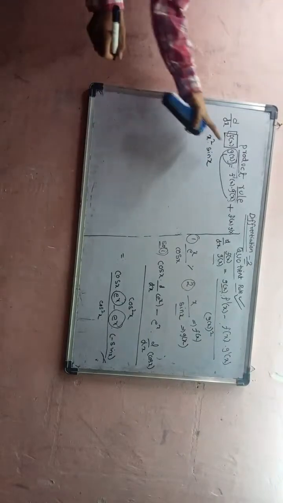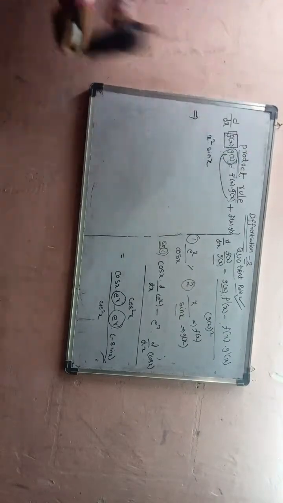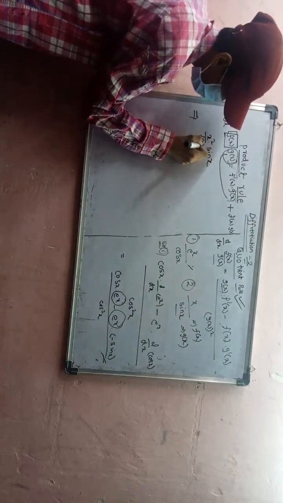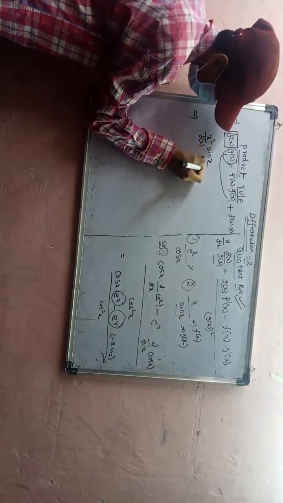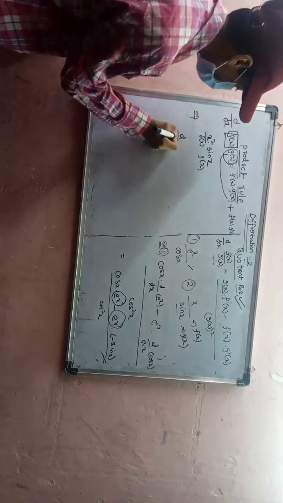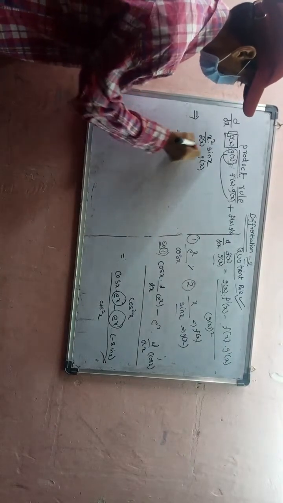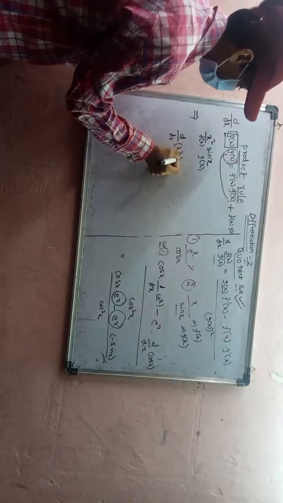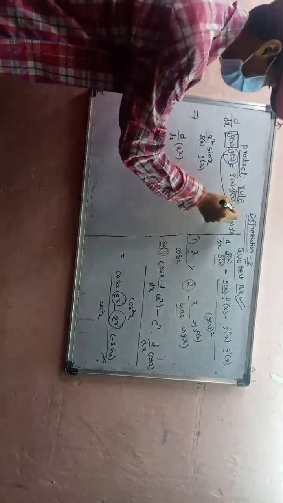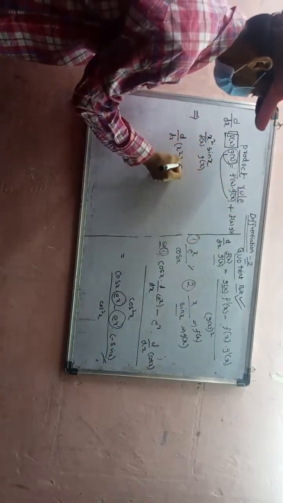So according to product rule, this is f of x and this is g of x. Now see here, f dash of x means d by dx of x square into g of x, which is sin x.